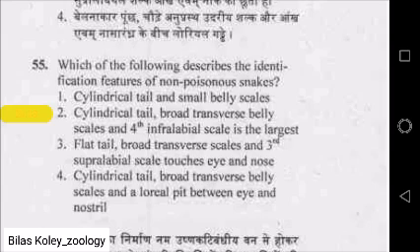And the options are: cylindrical tail and small belly scales; cylindrical tail, broad transverse belly scales, and fourth infralabial scale is the largest; flat tail, broad transverse scale, and third supralabial scale touches eye and nose; cylindrical tail, broad transverse belly scale, and a loreal pit between eye and nostril.